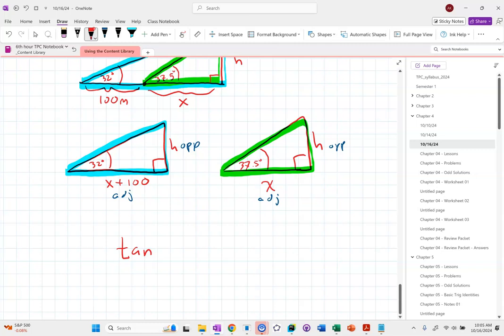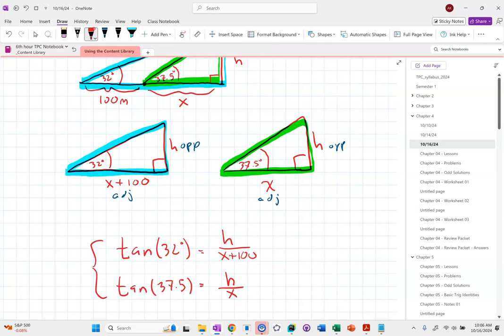So using the blue triangle, I'm going to say tan 32 is equal to opposite over adjacent. And in the green triangle, I'm going to say tan 37.5 is equal to opposite over adjacent. Is everybody okay with what I've done?